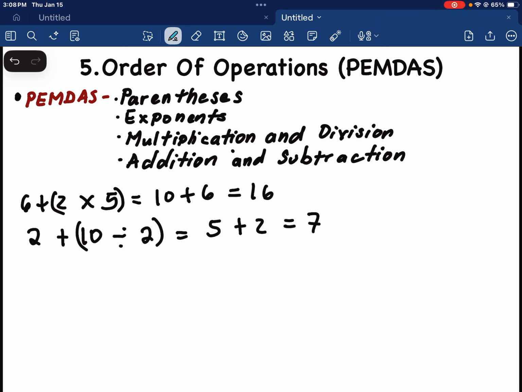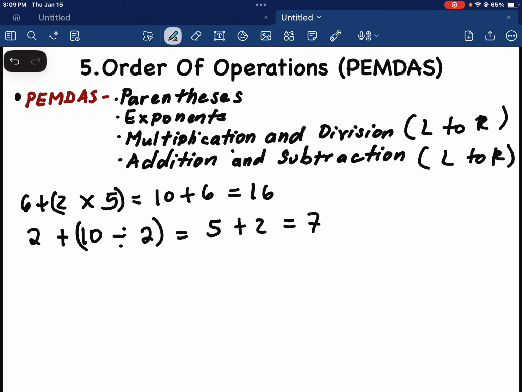Here's another example that we have to learn from this. This is very important. When we do multiplication and division, we have to start from left to right. It's same as addition and subtraction. We have to go left to right, meaning if you see multiplication and division, whichever comes first, you'll have to do that first before the next one.